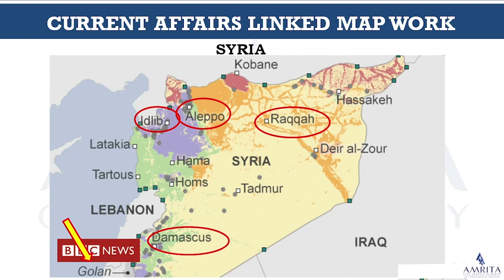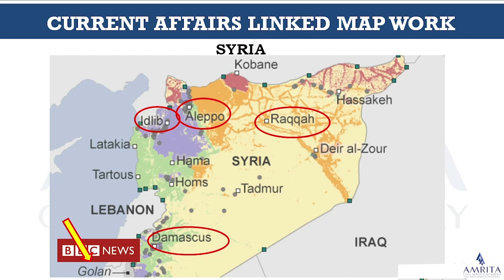These are all very important places, and continuous fighting between ISIS and Syrian forces, US backed, then Russian backed forces, continuous fighting in these places and historically important places as well. Aleppo, Idlib, Raqqa, then Damascus, Assad's army's capital there in Damascus.